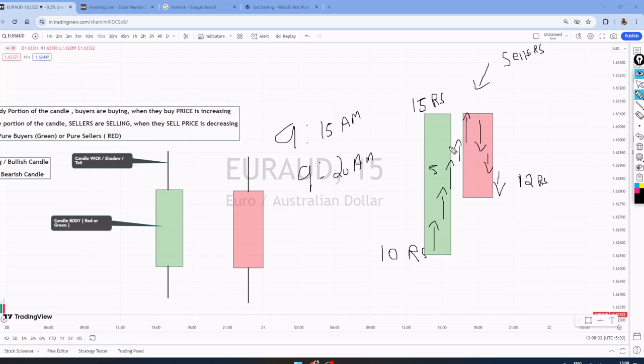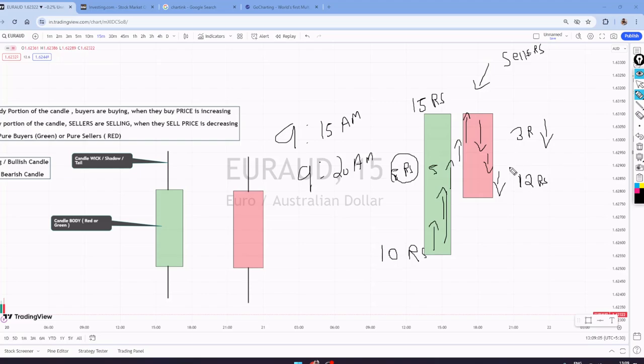In the first 5 minutes the market moved 5 rupees up, price is increasing, people are buying. And in the second 5 minutes, from 15 rupees it becomes 12 rupees. So a 3 rupee down movement happened.